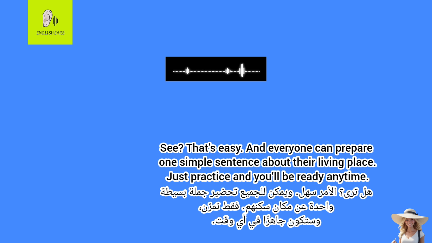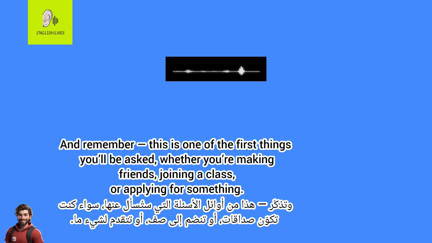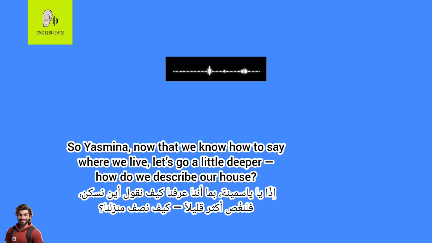And everyone can prepare one simple sentence about their living place. Just practice and you'll be ready anytime. And remember, this is one of the first things you'll be asked, whether you're making friends, joining a class, or applying for something.